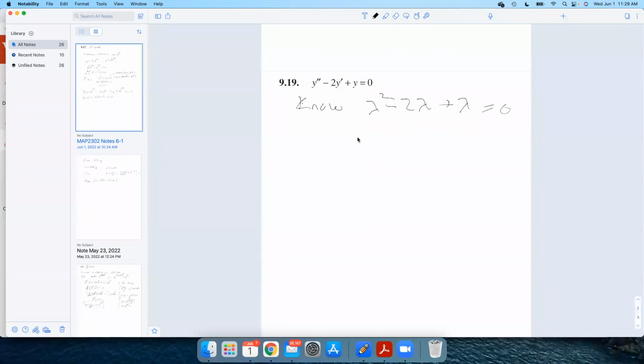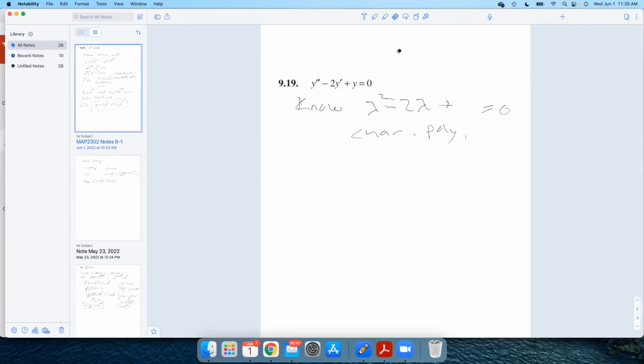This is what my characteristic polynomial is going to be. I'm just copying down the coefficients, 1, -2, 1, and then the order of the derivative, which ends up translating into the power on lambda. I lied. I apologize. That's not a lambda. That's a 1.